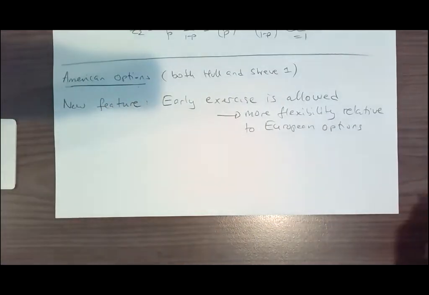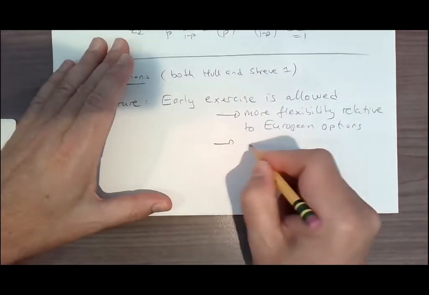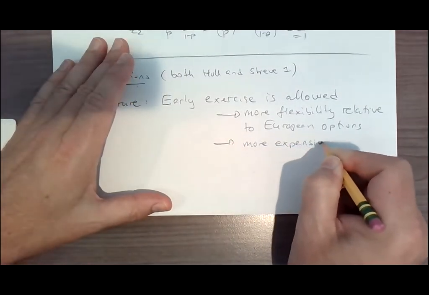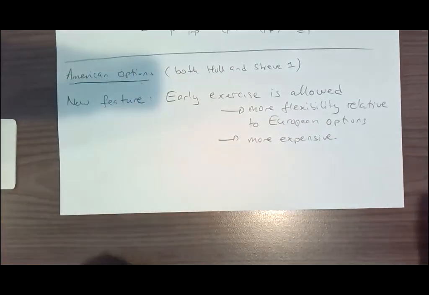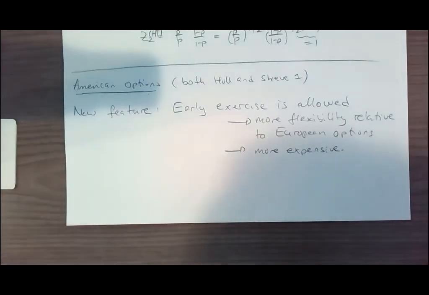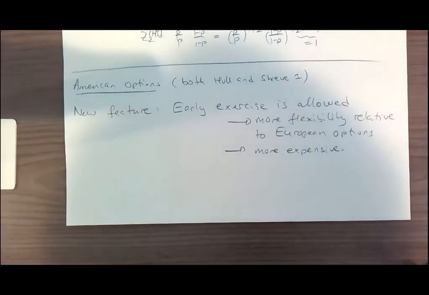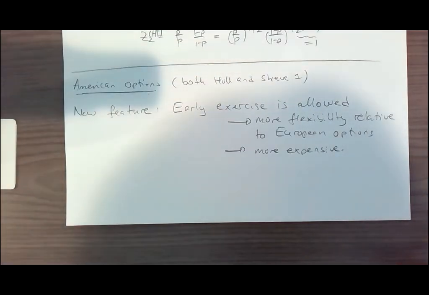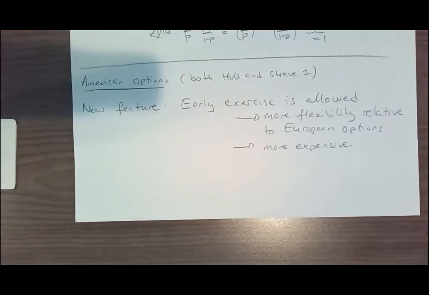If there's more flexibility, they are going to be more expensive. If you have more freedom with this type of security, then you're going to be paying for it. So the price of these options is going to be higher, or at least not lower than the European ones. The new feature is that you can exercise not just at the end, you can exercise whenever you want.